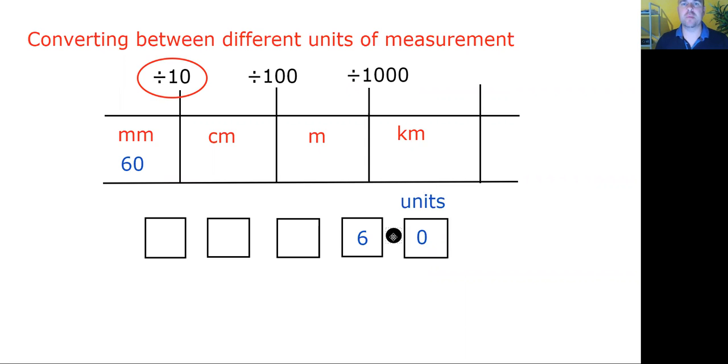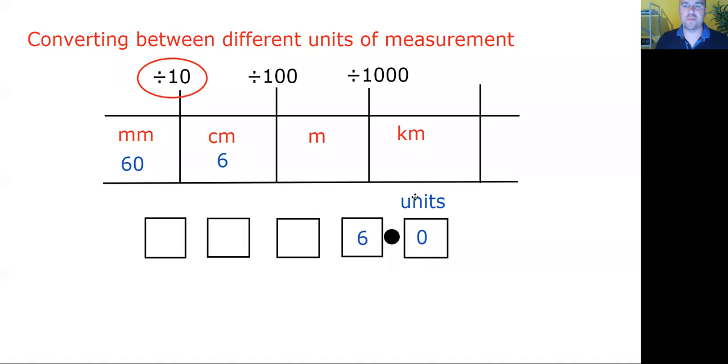Now, the best way to remember this is for each of the zeros after their respective ones, that's how many places you move the decimal point. So in this case, we're dividing by 10 because there's 1 zero. So 60 millimeters becomes 6. So we put 6 here for 6 centimeters, like this.